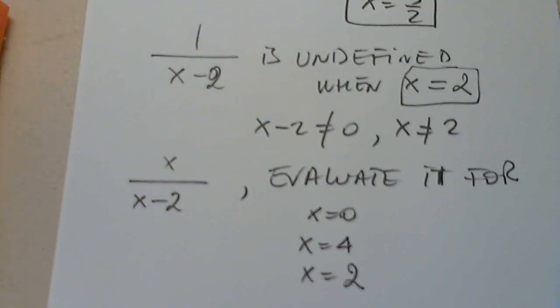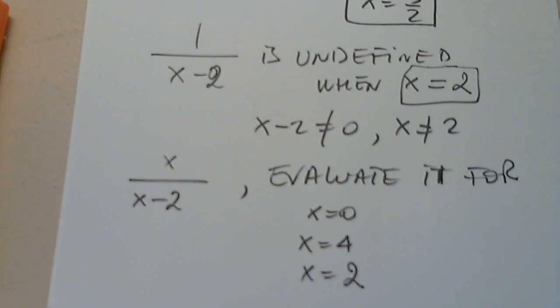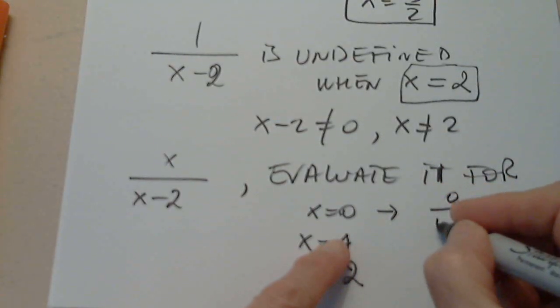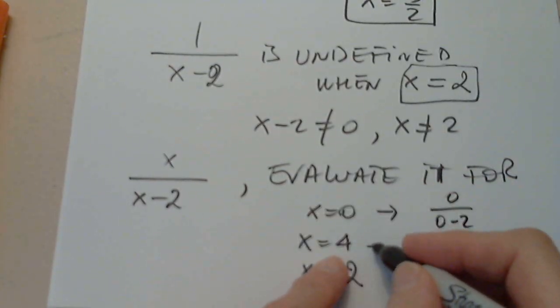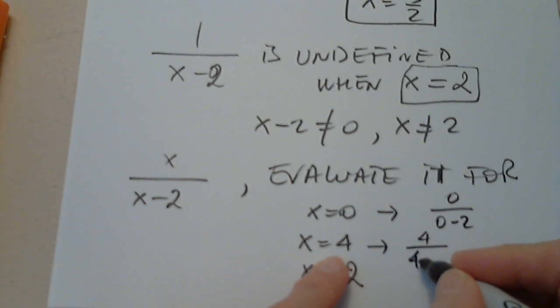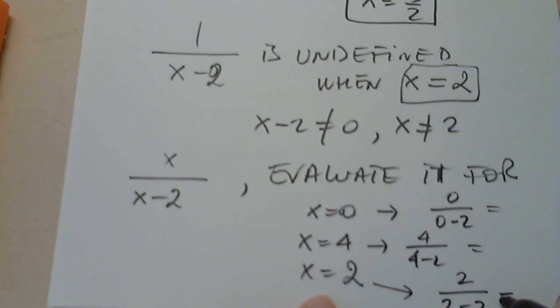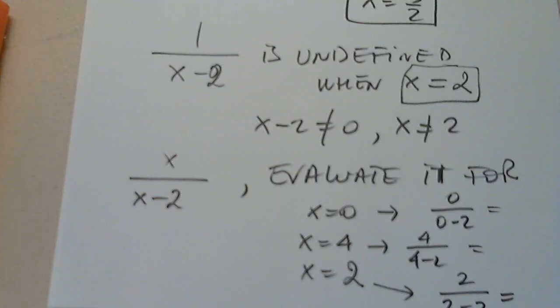You just plug those numbers in for x? Absolutely. When x is 0, I have 0 over 0 minus 2. When x is 4, I have 4 over 4 minus 2. And when x is 2, I have 2 over 2 minus 2. Exactly. I plug them in.